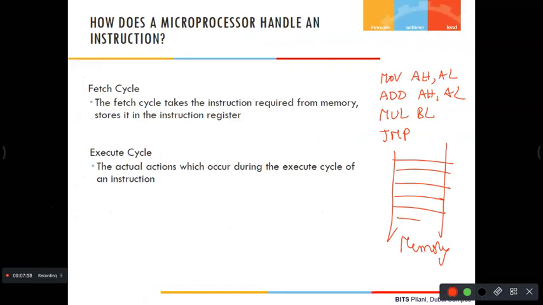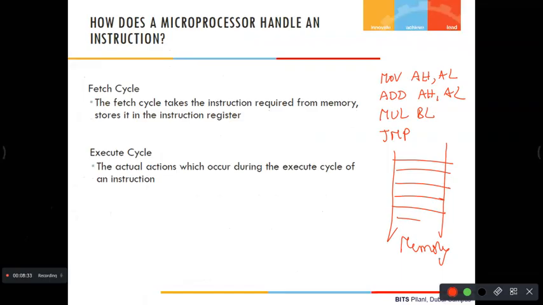No. You are going to write the program in a text editor, because it is plain English. But when that program goes very near to the microprocessor, what is near the microprocessor is a memory, a RAM. When that program goes to the RAM, from where the microprocessor will fetch instructions, it will be converted into machine instructions.